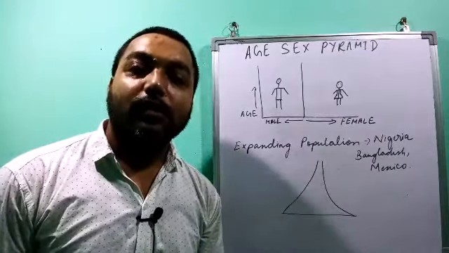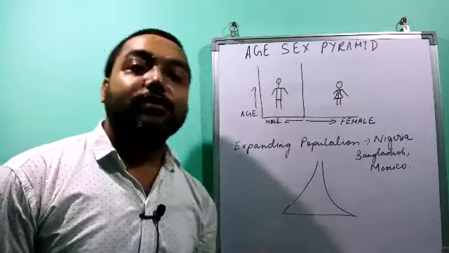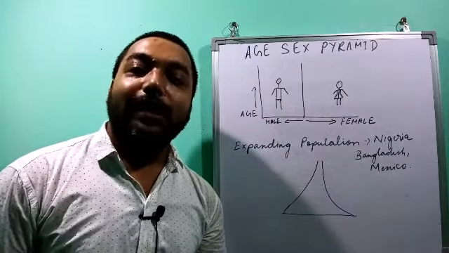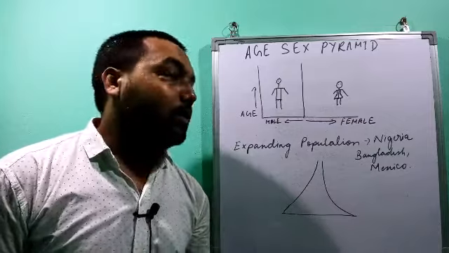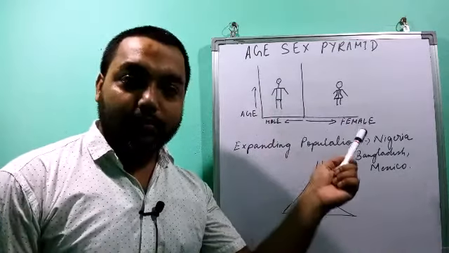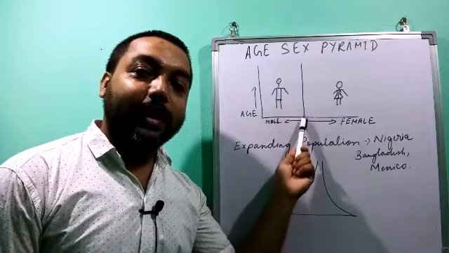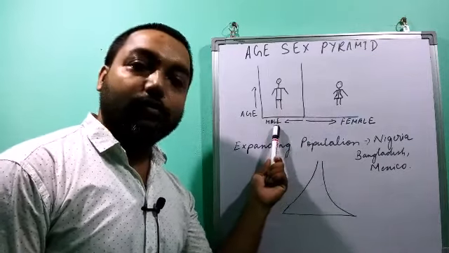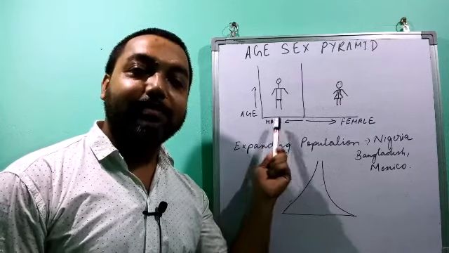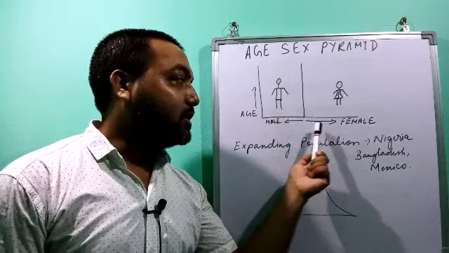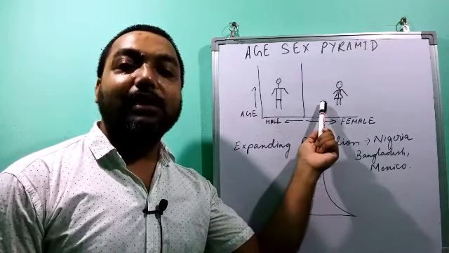So let us move to the next topic, that is the age-sex pyramid. It is a graph, and there will be a middle line. Towards the left hand side there is the male population, and towards the right hand side the female population.